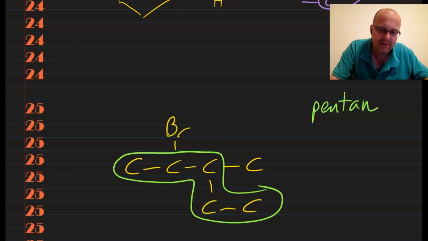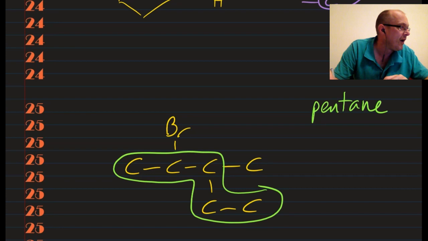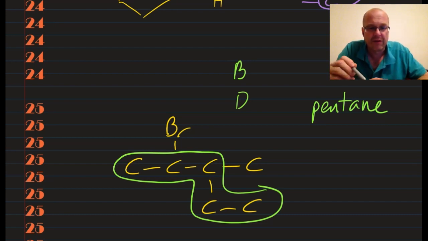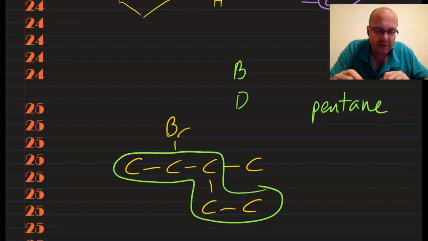Is that enough? Well, that narrows it down to B and D. So what's the difference? 3-methyl, 4-bromo. Well, you want the lowest numbers for these alkanes. You want the lowest number branches.